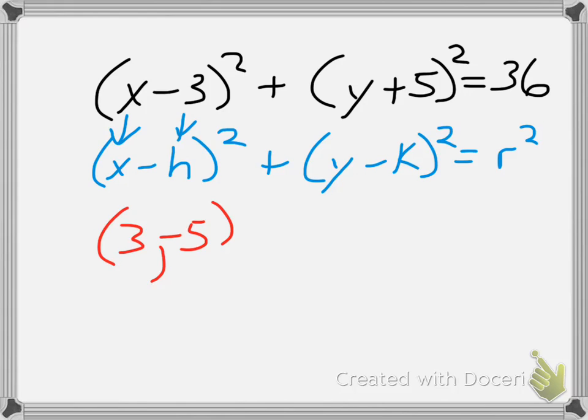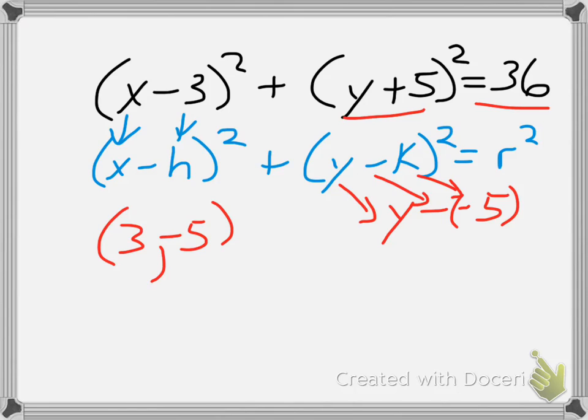The reason is, I can rewrite this as y minus a negative 5. This way, it matches up to the original form, y to y, minus minus, which means k is negative 5. So when we go from the equation to the actual center, it has that opposite effect, and then vice versa.